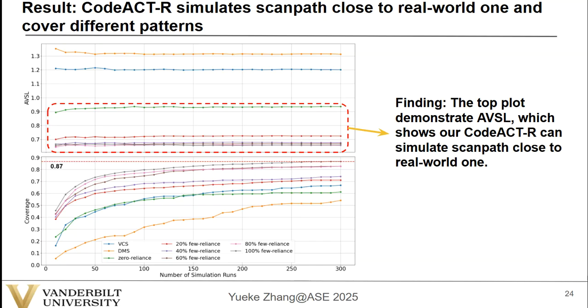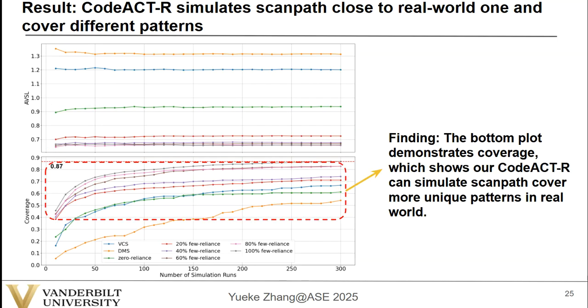The few reliance level is the percentage of the test scan paths used as human seeds, and 0% is just the zero reliance case. We can see from the top plot that the AVSL is lower than the baselines, which means our CodeACT-R can simulate scan paths close to the real-world ones.